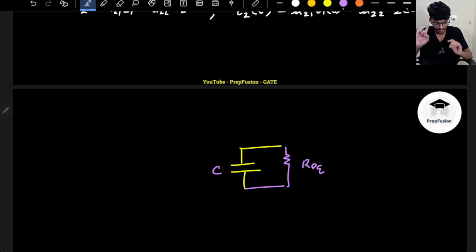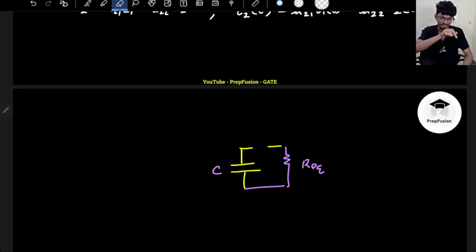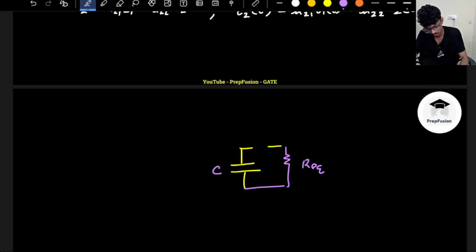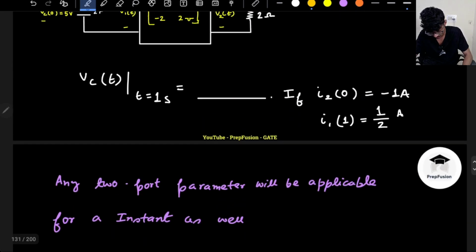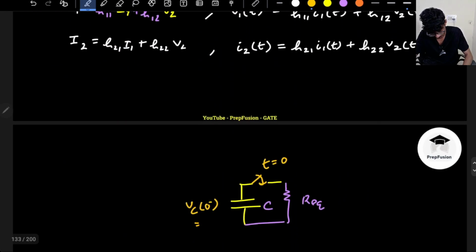Since it contains only resistive elements, of course I can convert whatever is on the right hand side into an equivalent resistance. The switch is here at t equal to 0, and the initial voltage across the capacitor, Vc(0-), is, I guess, 5 volts.